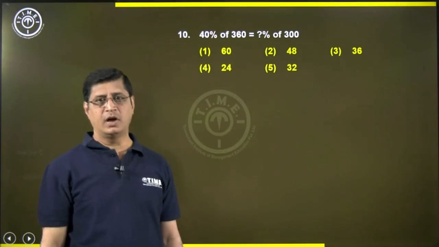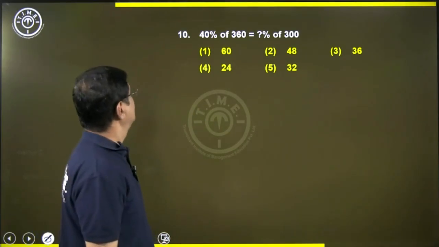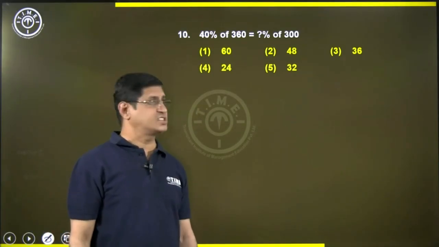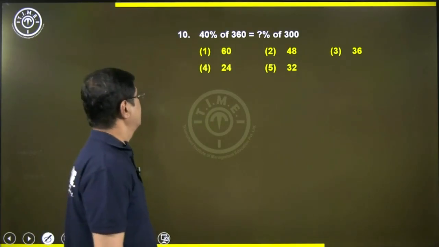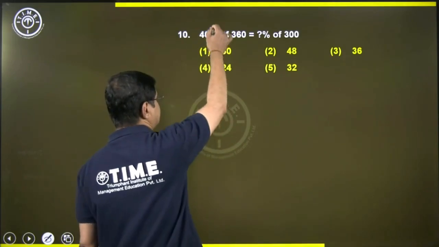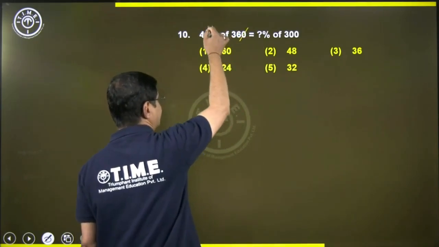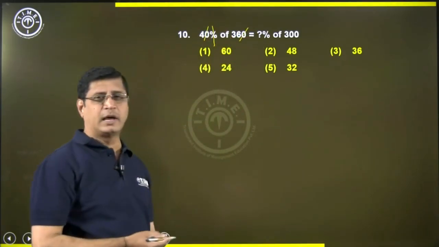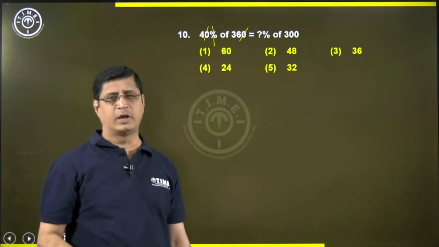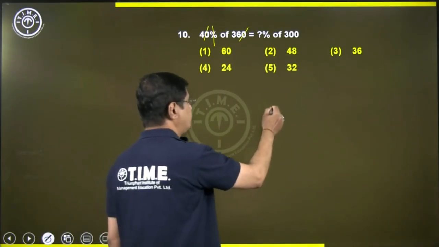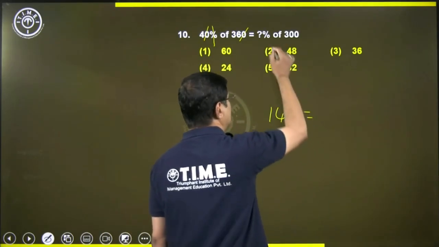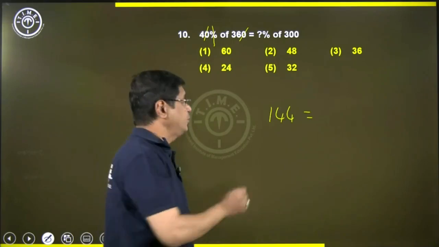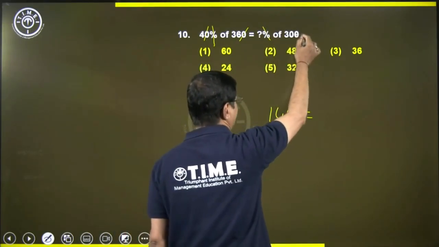Now next example on your screen. 40% of 360 is equal to question mark percent of 300. 40% means percentage and 0 gets cancelled. 4 times of 36, that is 144. Equal to question mark percent of 300 means percentage and zeros get cancelled.